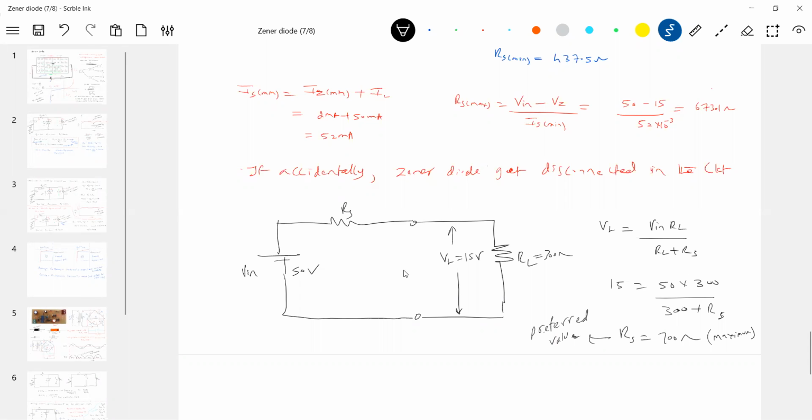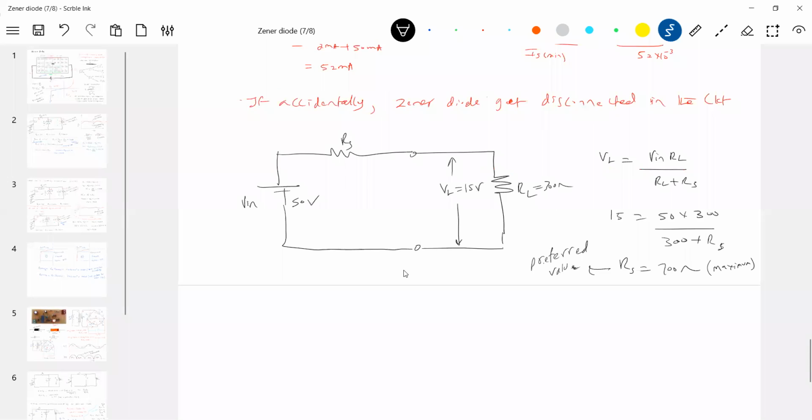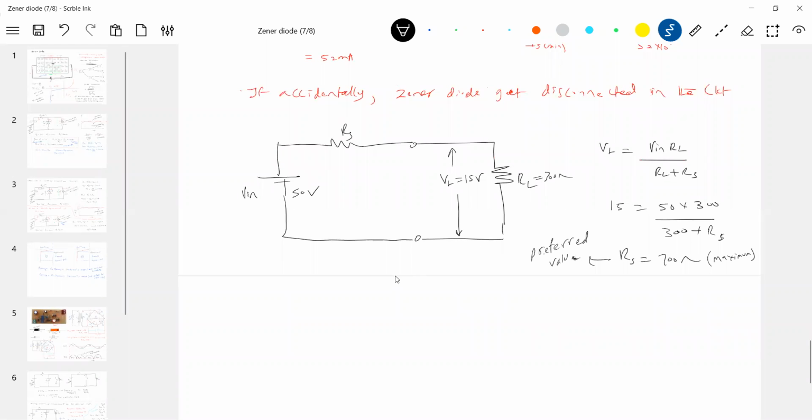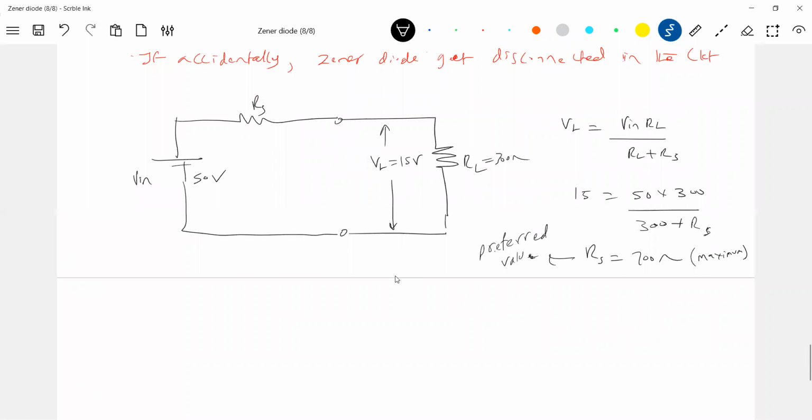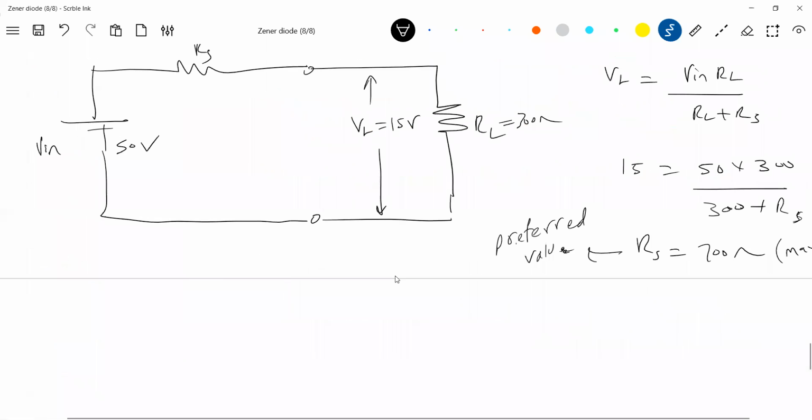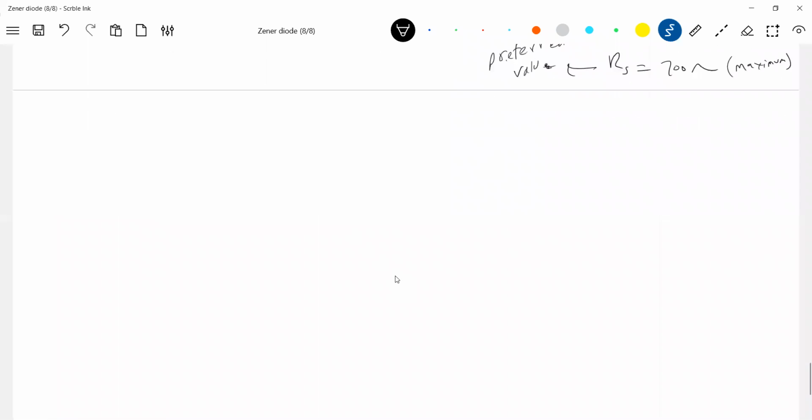There's a condition for RS. Similarly, we'll go for the condition for the load itself. Sometimes even the load has the same problem, sir. In some applications the load is going to be variable. Why will the load resistance vary? Because when current flows, the resistance will change. So in some applications the load resistance will be variable, but still it should act like a voltage regulator.